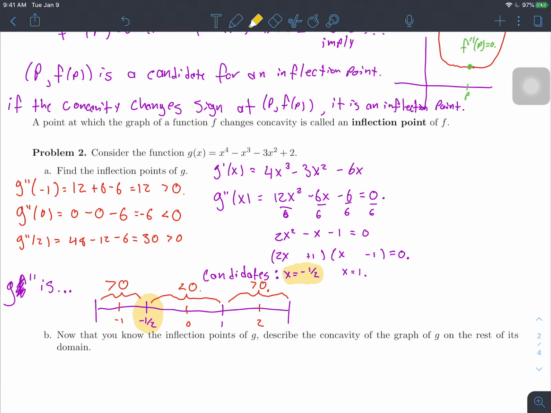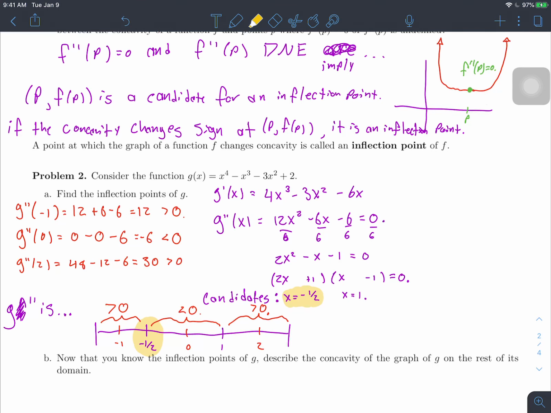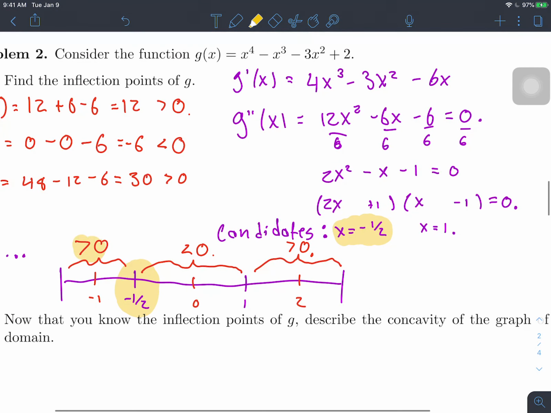What did we say was important for a candidate to pass the inflection point bar? The concavity needs to change sign. If the concavity changes sign, the derivative of the derivative should go from being positive to being negative, or from being negative to being positive. Do we see that happening here? Yeah, we do. First it was positive, then it was negative.